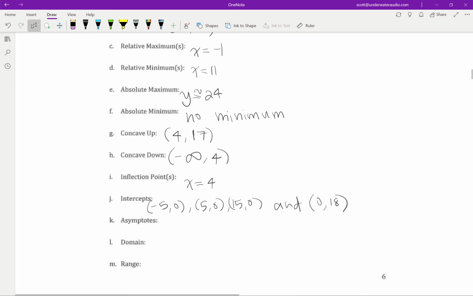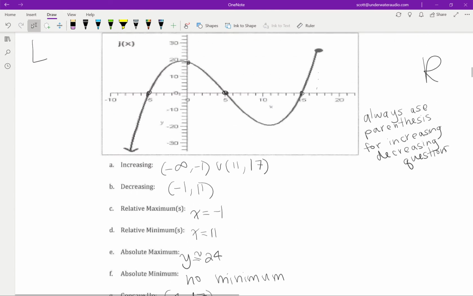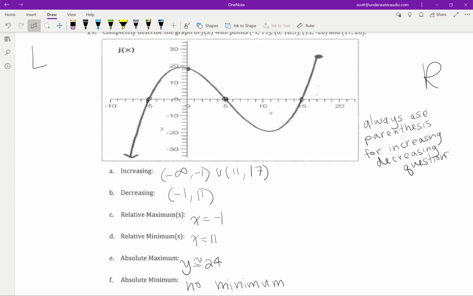Okay, now I want to think about asymptotes, domain, range. So to me, this looks like it's kind of going off at an angle. Well, I don't know. Let's assume that's an asymptote. I actually did not make this graph, but let's assume that's an asymptote. We're going to say it's an asymptote at negative 9. Yeah.